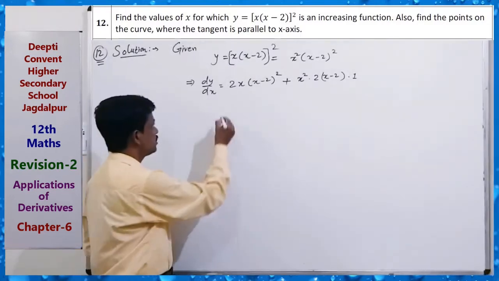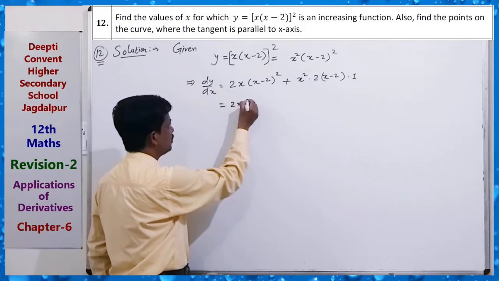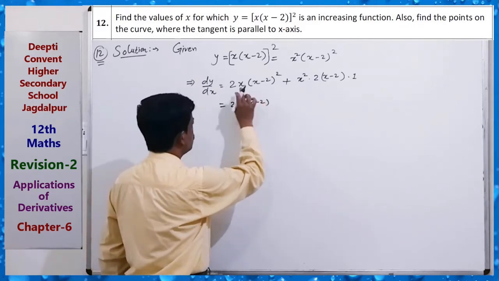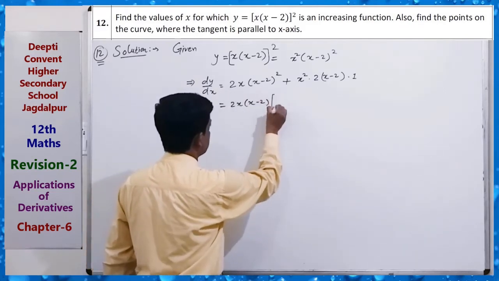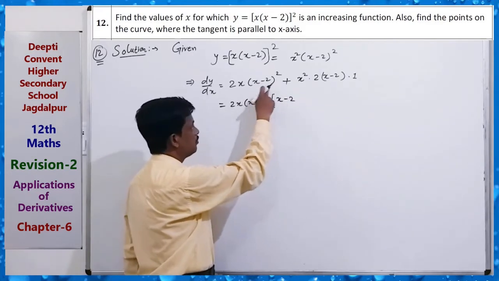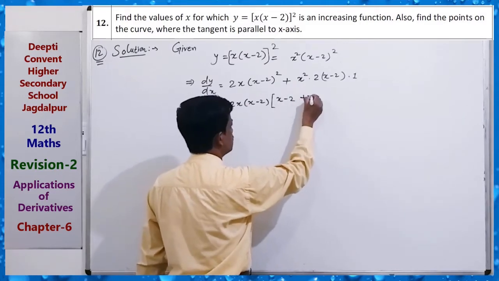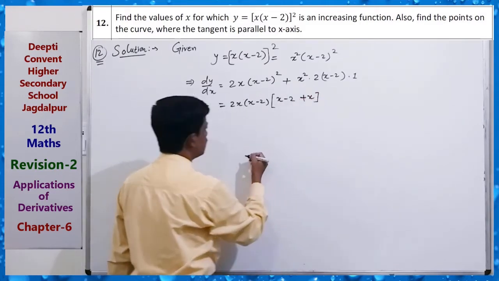Clear? So this is equal to what? 2x can be taken outside. From 2x(x minus 2), take 2x outside. So x minus 2 will remain, plus here 2x(x minus 2) is outside, so plus x.